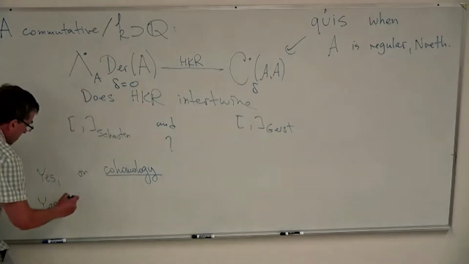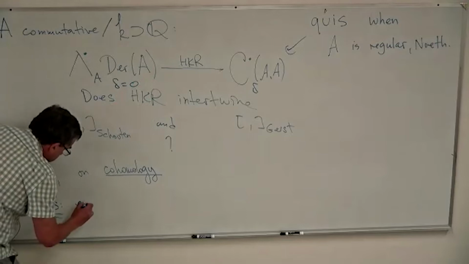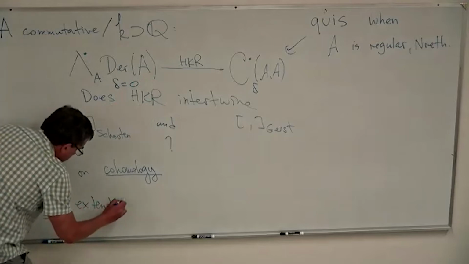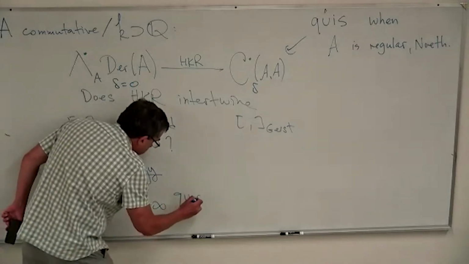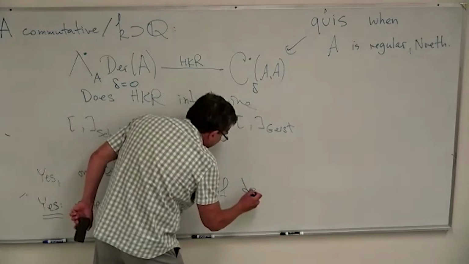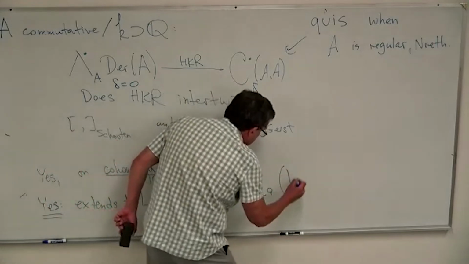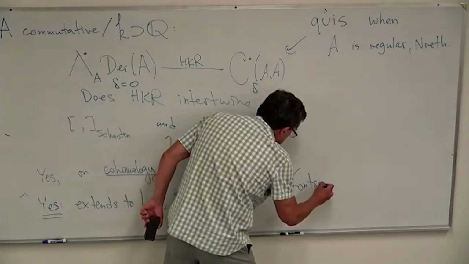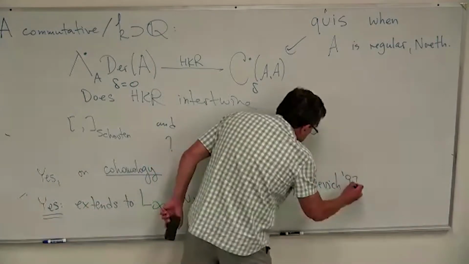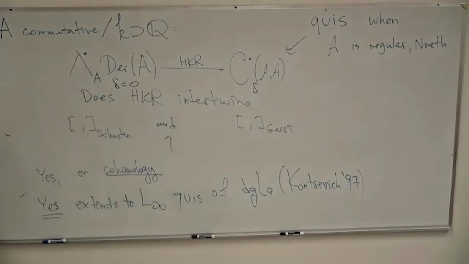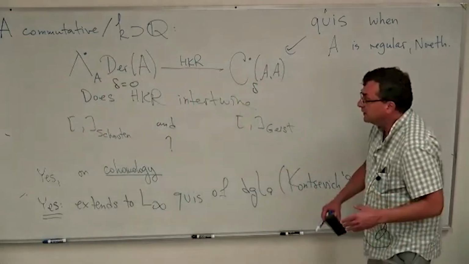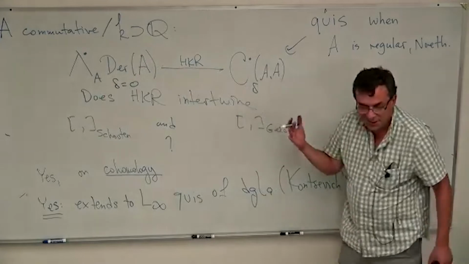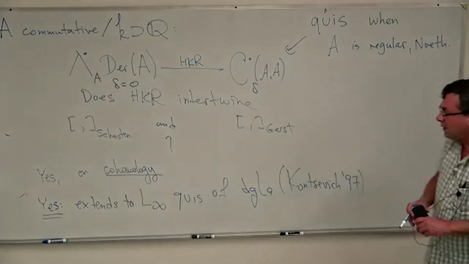Again, in the regular case, as proven by Kontsevich in '97, the formality theorem identifies, makes equivalent those two differential graded Lie algebras, which is a much, much stronger fact.